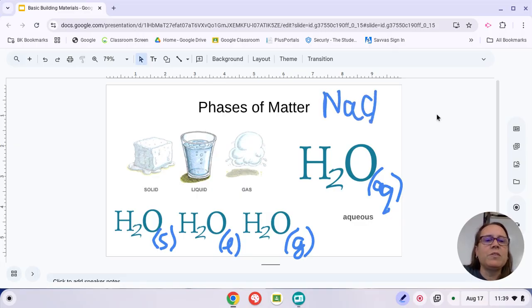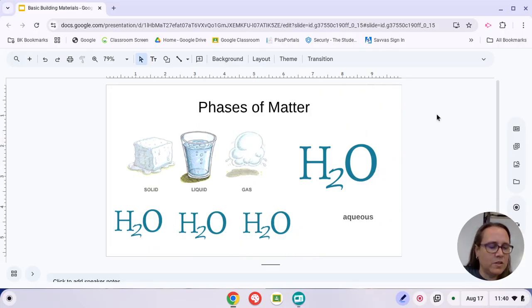Like this is table salt here. It tells us that that table salt is dissolved in water. So it's not in its solid form like little crystal salt in a salt shaker, but it's actually been dissolved in water. And sometimes for chemical reactions, it's important to know whether it's in its solid form or a salt that's been dissolved in water. So aqueous just means, oh, guess what? It's in water, guys. We dissolved it in water.